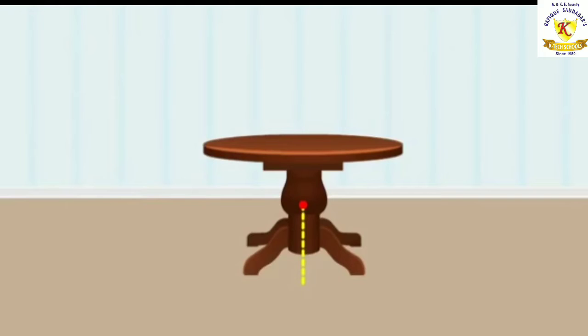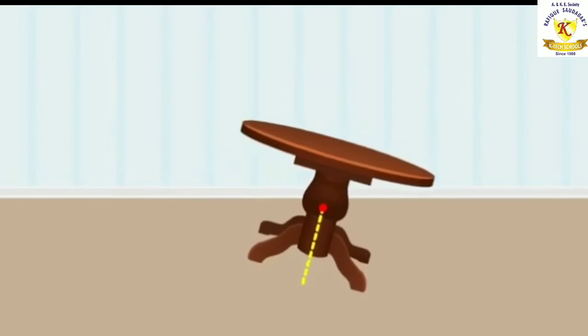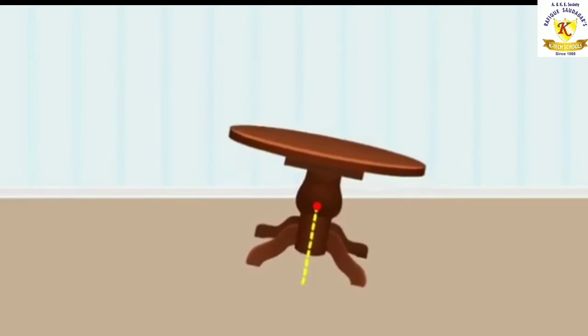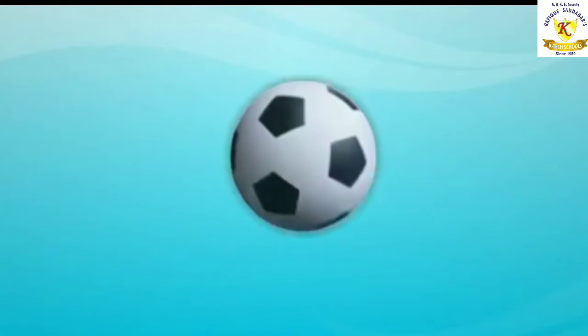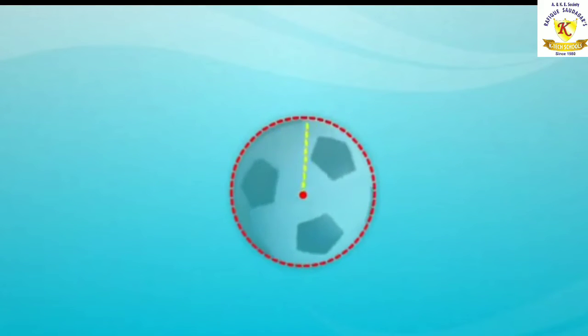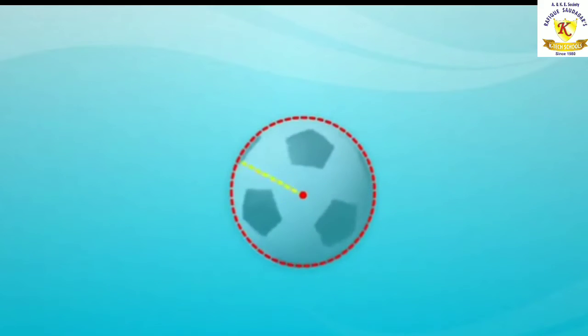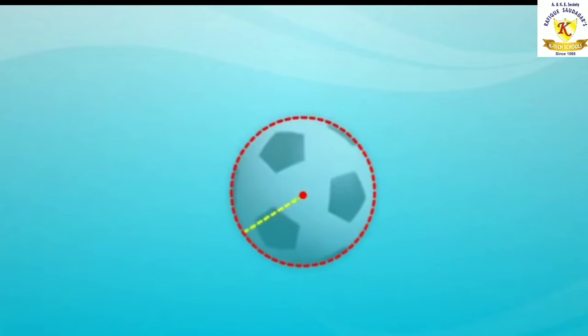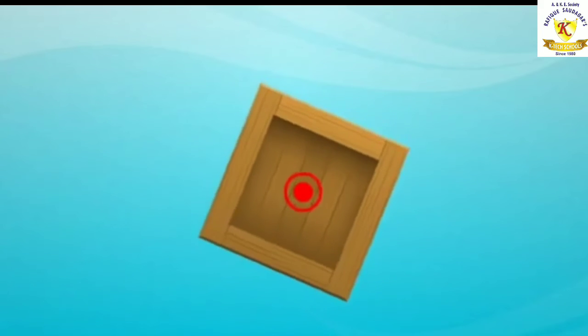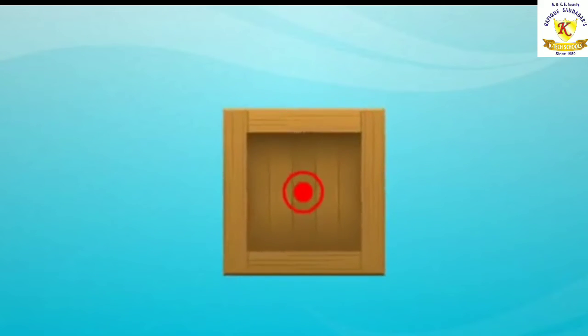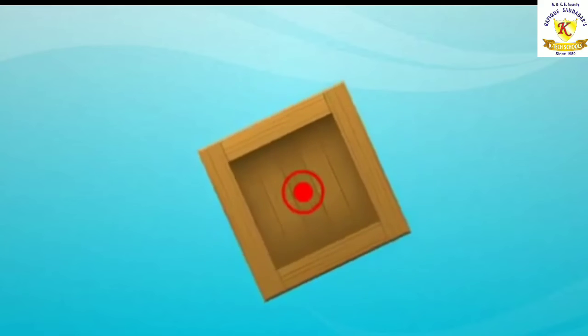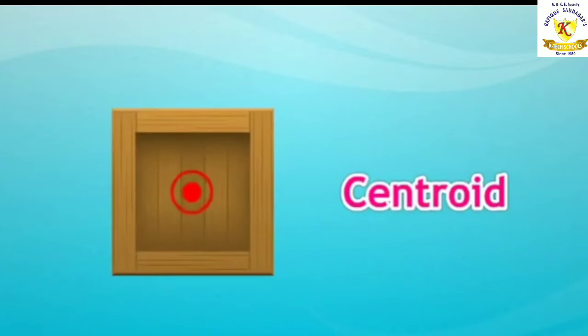The center of mass of an object is the point, inside or outside the object, at which the total mass of the object can be assumed to be concentrated. The center of mass of a spherical object having uniform density is at its geometrical center. The center of mass of any object having uniform density is at its centroid.